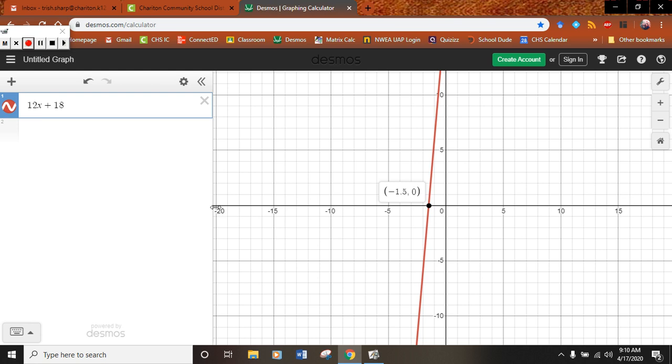So all the way left to all the way right, just like we did with increasing and decreasing way back when. Since this is below the x-axis, it's concave down from negative infinity to negative 1.5, and then it's concave up after it goes above the x-axis. So there's the first one.